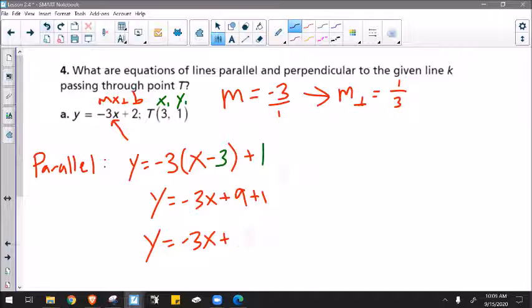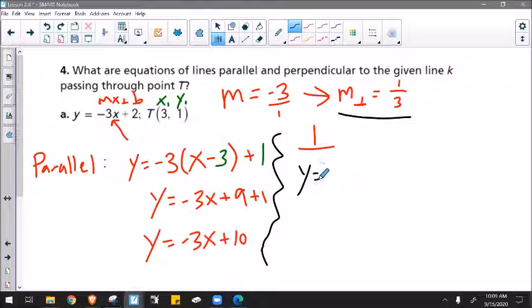So now, if you do the perpendicular one, same thing, except now we need to use this slope over here. We'll have y equals positive 1/3, and then in parentheses, x minus 3 plus 1.